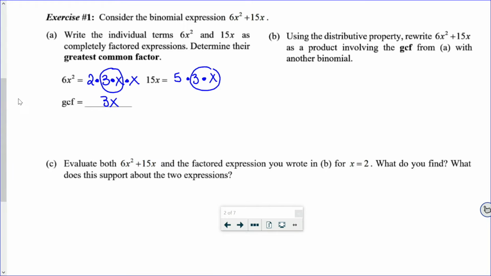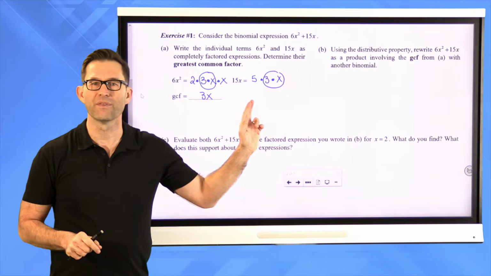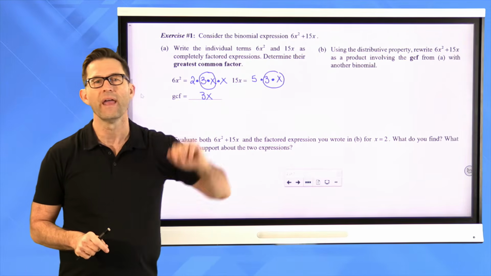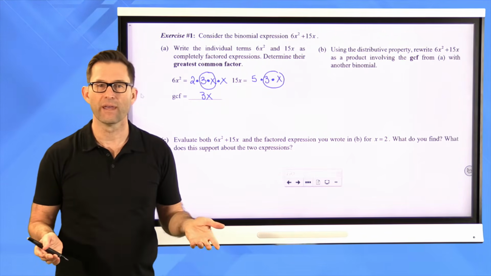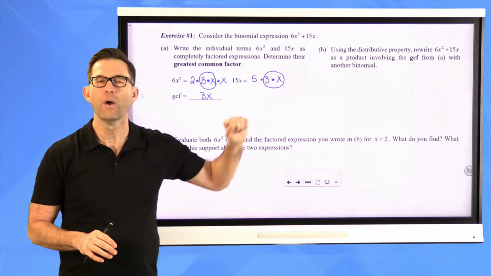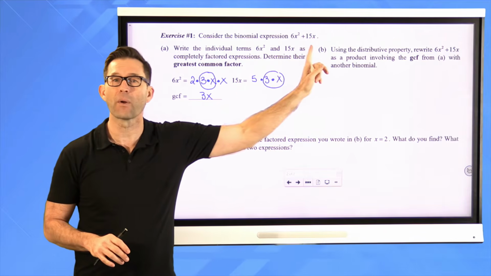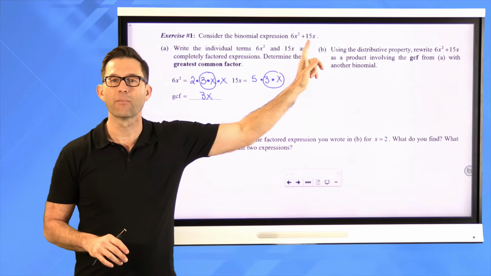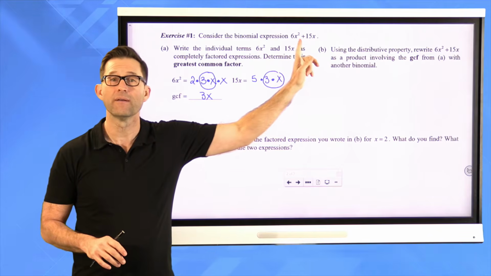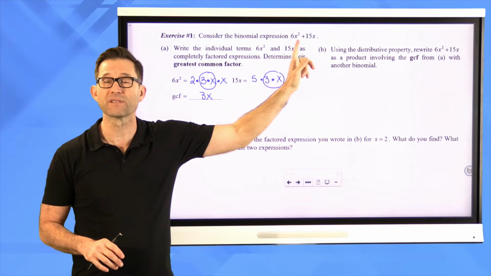Now let's talk about GCFs, because although this is one great way of figuring out what the GCF of two terms are, it's somewhat inefficient. So when I'm thinking about GCFs, and we'll get to letter B in a moment, I want to look at the coefficients that are involved and ask, what is the largest number that divides into both 6 and 15?